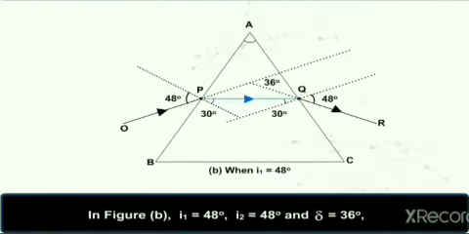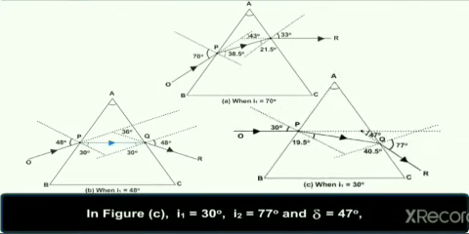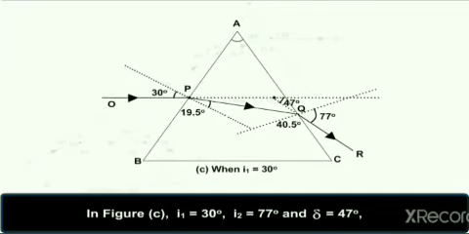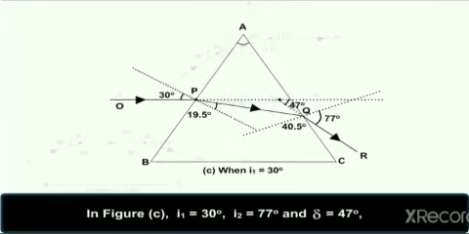In figure B, I1 is equal to 48 degrees, I2 is equal to 48 degrees, and delta is equal to 36 degrees. While in figure C, I1 is equal to 30 degrees, I2 is equal to 77 degrees, and delta is equal to 47 degrees.